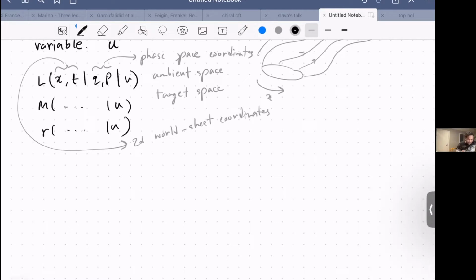Now, to show how we can get integrable charges from this, define the following matrix, where I'm going to keep the u dependence explicit and hide all dependence on the other variables.